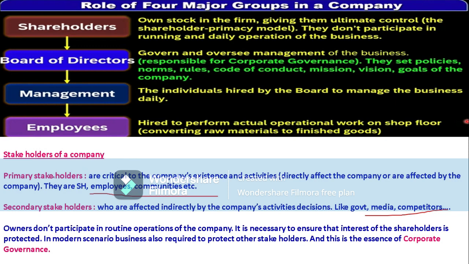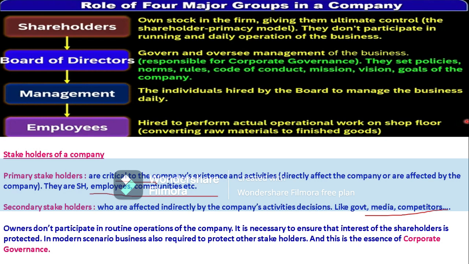Okay, so if we see stakeholders, primary stakeholders are there, secondary stakeholders are there. So who are primary stakeholders? They are critical to the company. Primary stakeholders are very critical to the company's existence and activities.